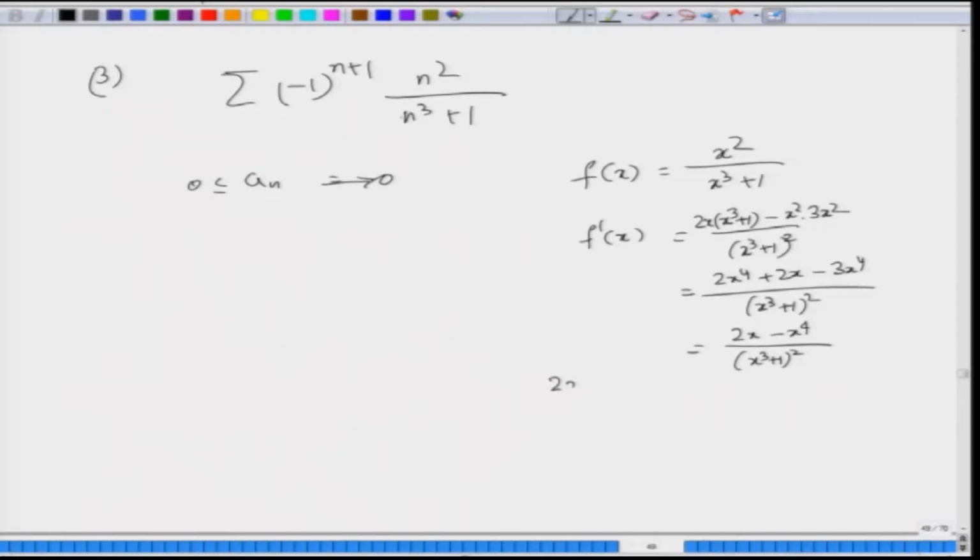That means we are looking at 2x less than x to the power 4. This is if and only if 2 is less than x cubed, if and only if 2 to the power 1 by 3 is less than x. In particular, if x is greater than 2, then obviously this is a decreasing sequence. So, we are interested in this. Therefore, this is decreasing, so A n is decreasing.